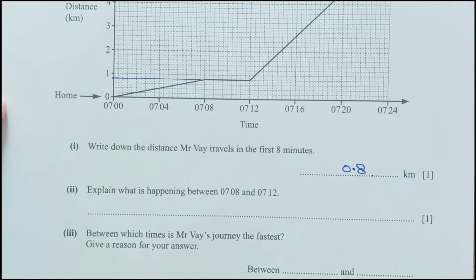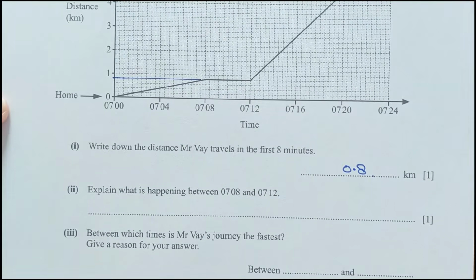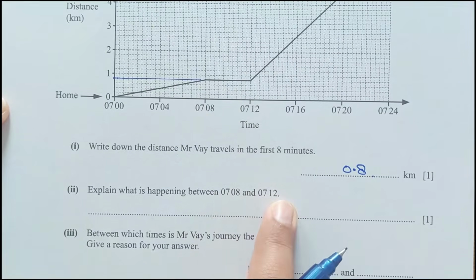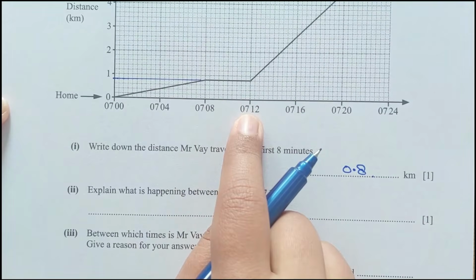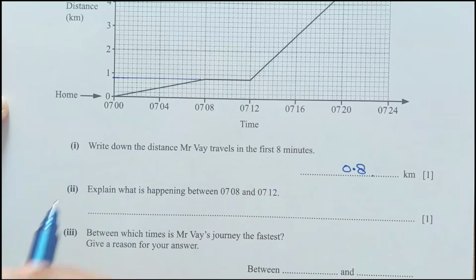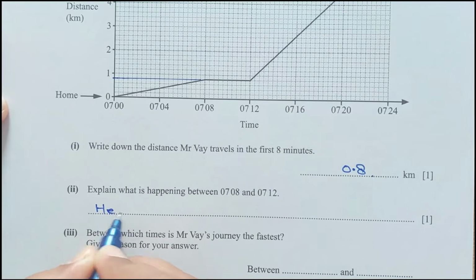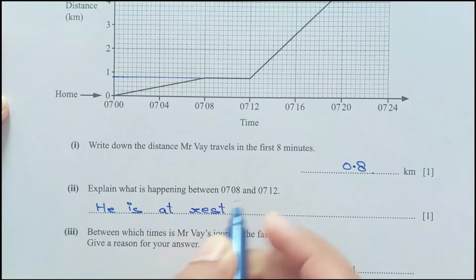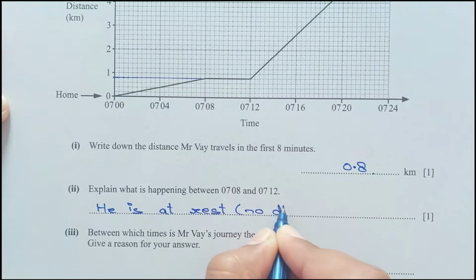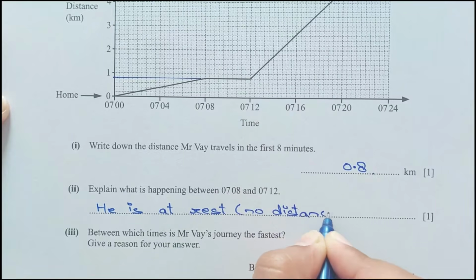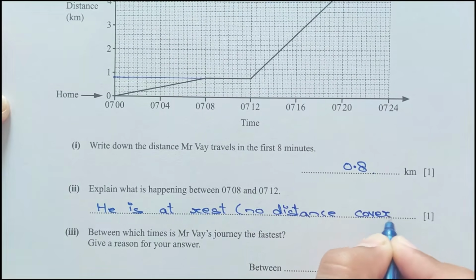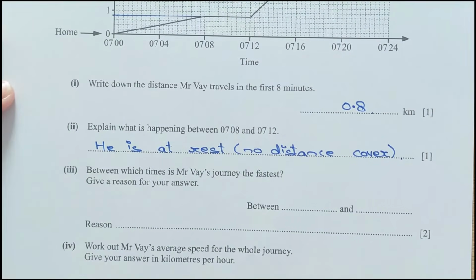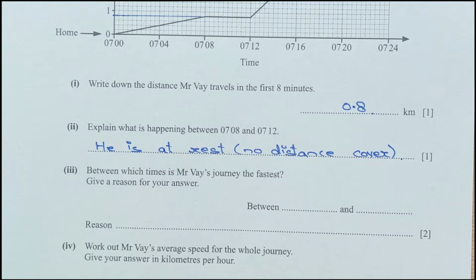Now for the second part, explain what is happening between 7:08 to 7:12. He's at rest, so he's not moving. We can say he is at rest. No distance covered, right? Now for part 3, between which times is Mr. Wei's journey the fastest, and give a reason for your answer.